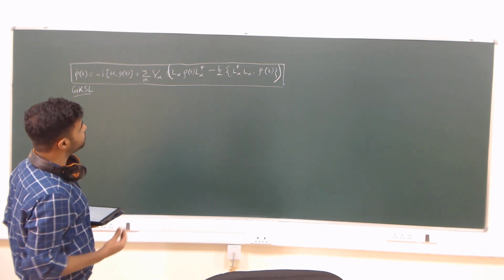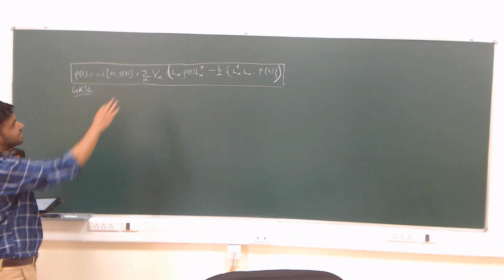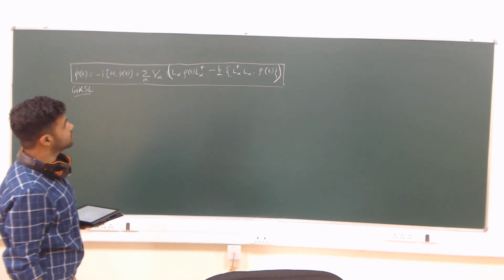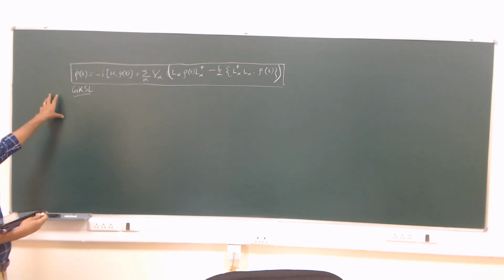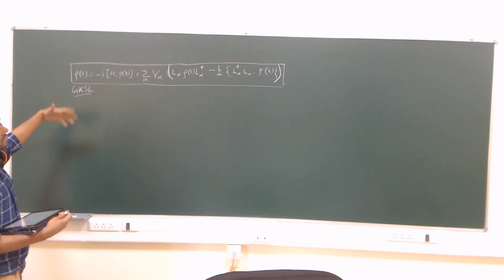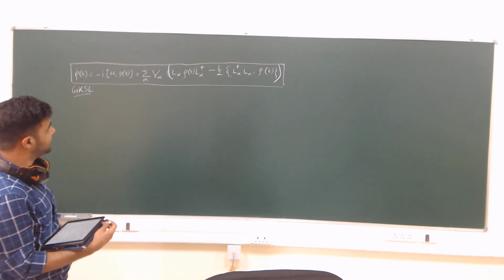Whereas in the second step we took it to be valid for general times. That had an inbuilt assumption that the relaxation time of the bath is much less than the system time scale.